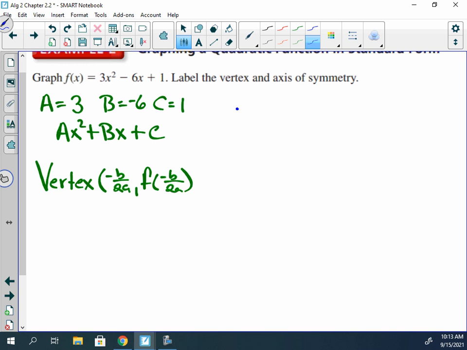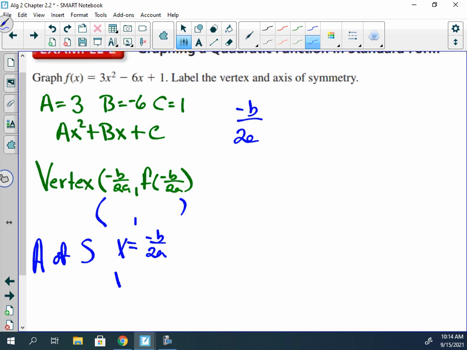So let's do the negative b over 2a. You can write this down below, because we'll put the answer right below it, and then we'll do the axis of symmetry right below it. x equals negative b over 2a, so x is equal to. And we can fill that in. I put it there so y'all have some spacing so you know where you're going to fill things in.